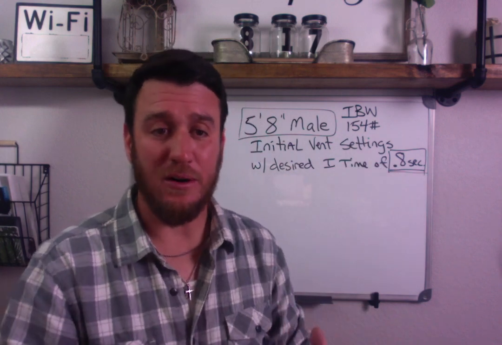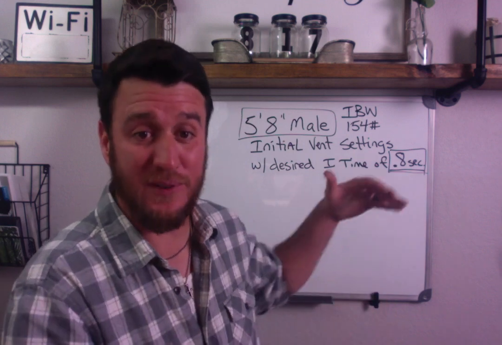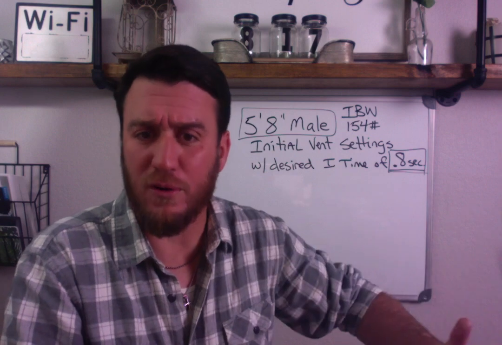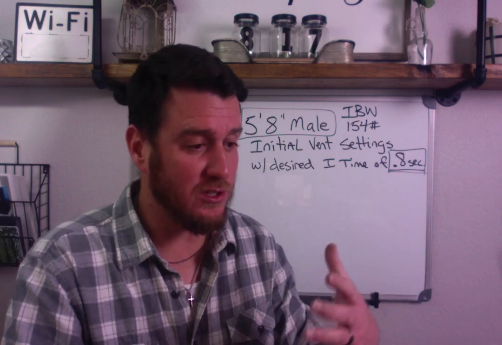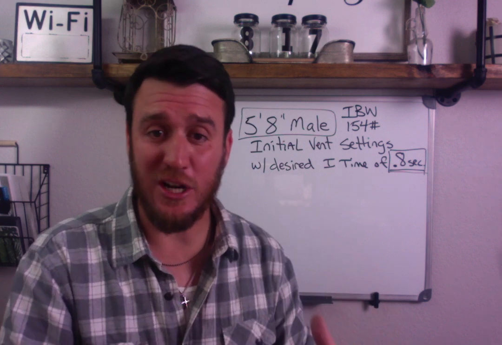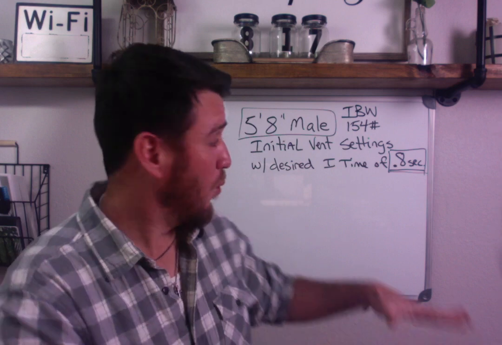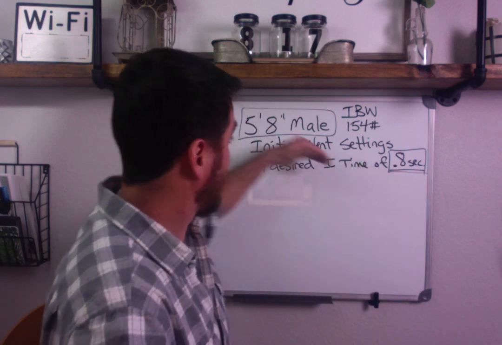Now, the email looked essentially just like this. It wasn't 0.8 seconds, it wasn't a 5'8" male, but I'm not here to do your homework for you. I'm here to teach you how to do your homework, how to prepare you, and how to know all of these things and how they link together. So let's jump in and figure out what our vent settings are going to be with the desired I time of 0.8 seconds for this 5'8" male.